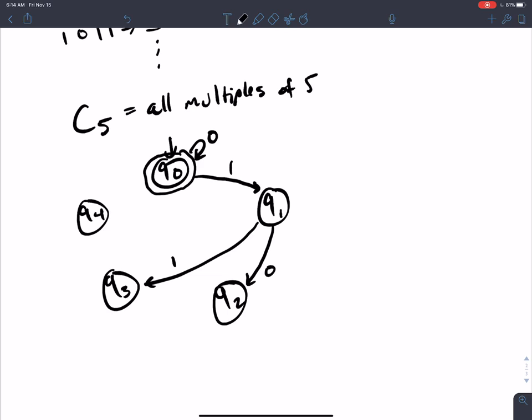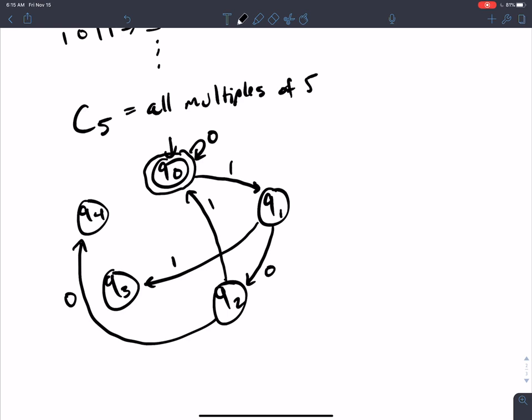For Q2, a remainder of 2, reading a 0 multiplies the remainder by 2. So 2 times 2 is 4. So that comes over to here on 0. Q2 goes to Q0 on 1, because it's the next one in the line. Q3, well, a remainder of 3 times 2 is going to be 6.